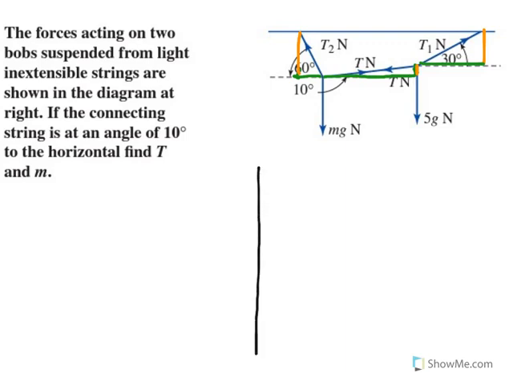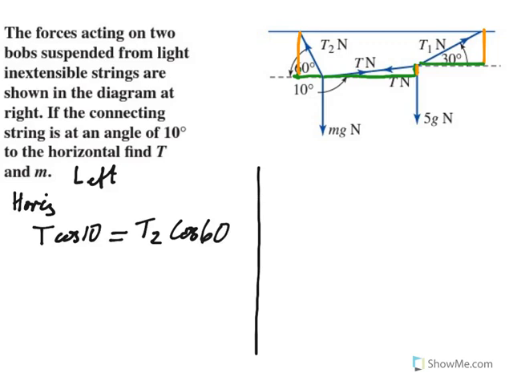So, the one on the left, if we look at horizontal, we've got T cos 10 is equal to T2 cos 60.